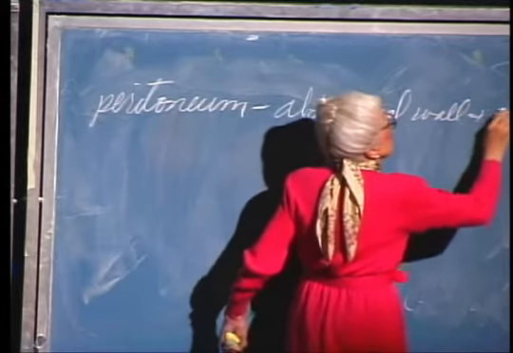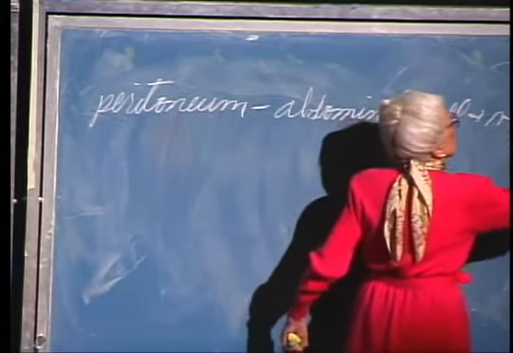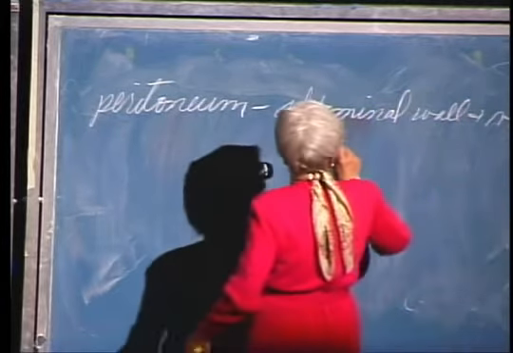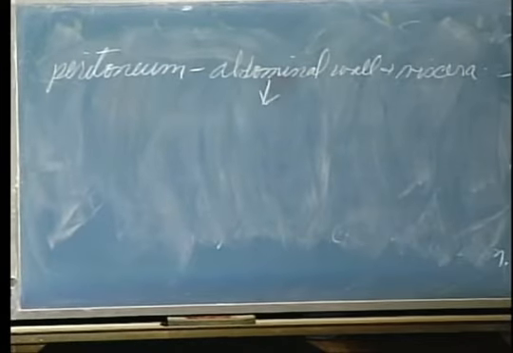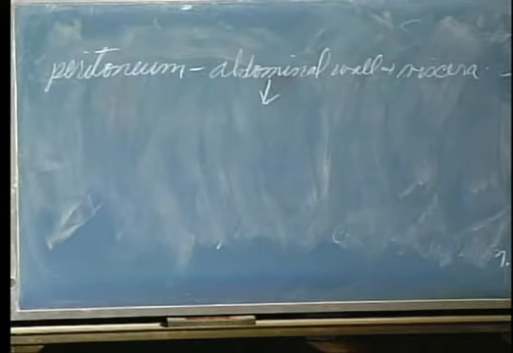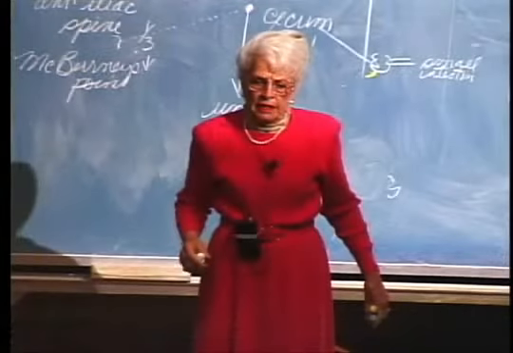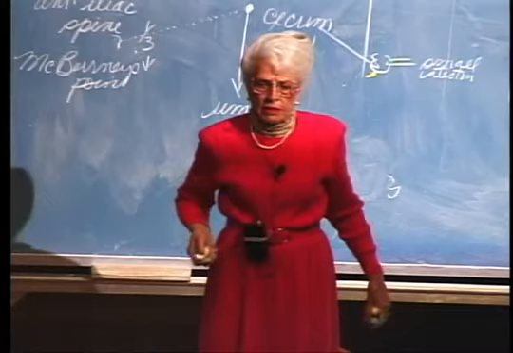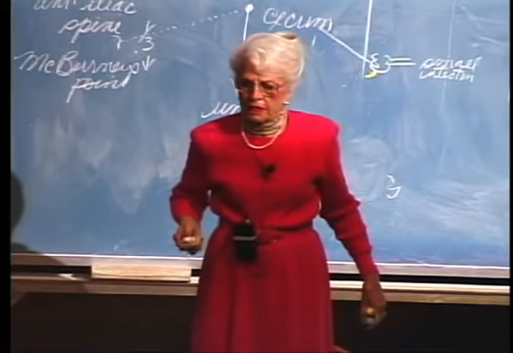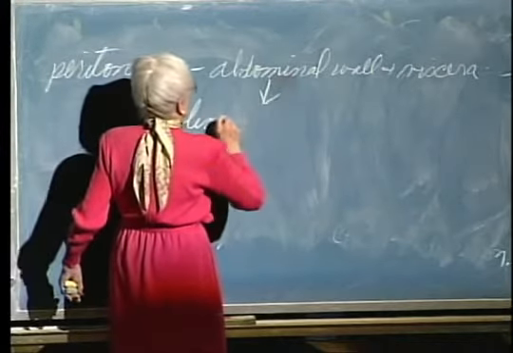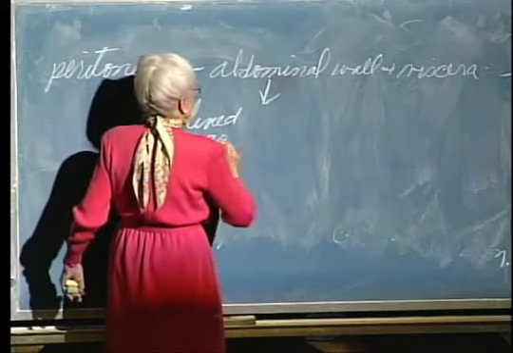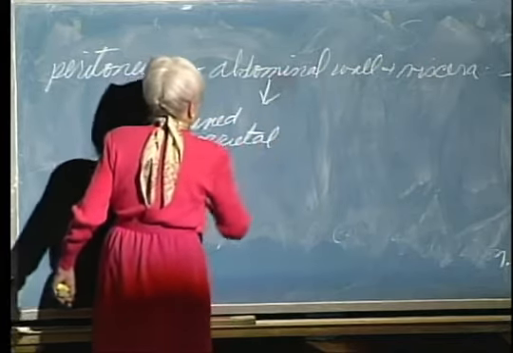And viscera. So the abdominal wall, what are you going to line it with? You're a young anatomist, you've got to give it a name. What are you going to name the peritoneum lining the abdominal cavity? Can't hear you. Parietal peritoneum. Right, so the abdominal wall is lined with parietal peritoneum.